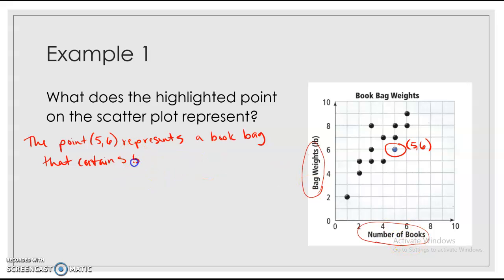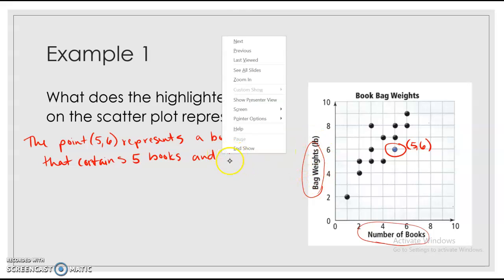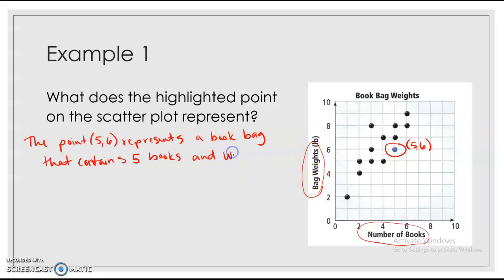So it contains 5 books, and because our Y is our weight, it weighs, and so our Y value is 6, weighs 6 pounds. And so that's what that point represents.